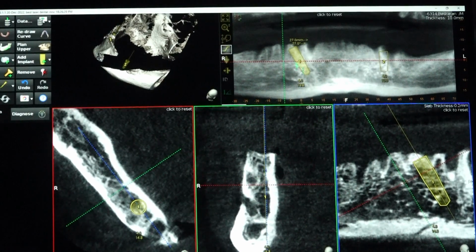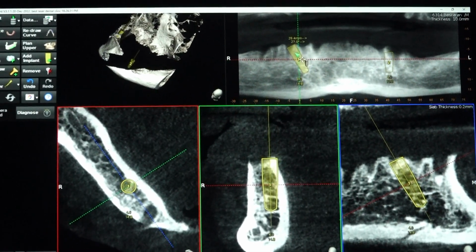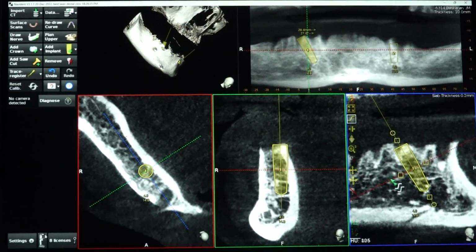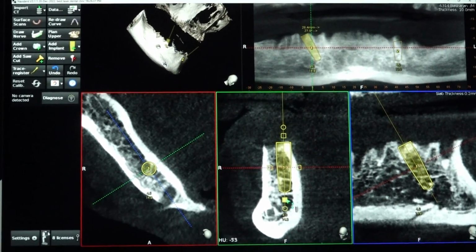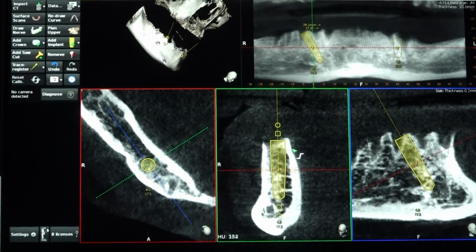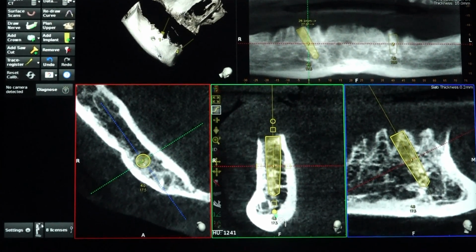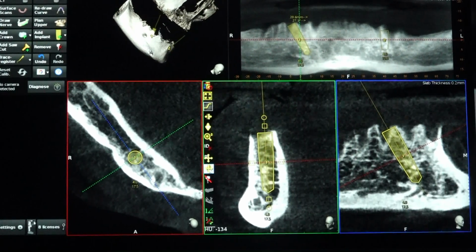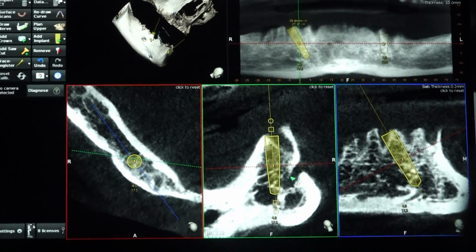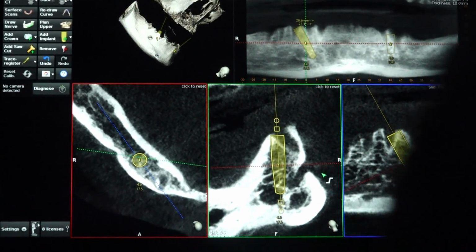See the mental foramen to here. So usually around a 16 mm implant we can place, 4.1 or 4.2 depending upon the brand you choose. So this is the 360 degree view. You can see this is the mental, now the anterior loop is coming.